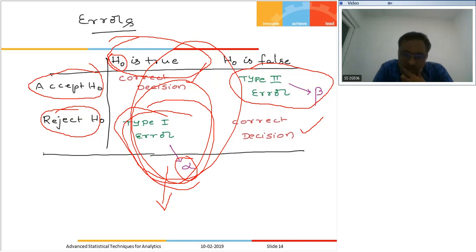Next follows errors, type 1 and type 2 errors. The probability of occurring type 1 error is our LOS, alpha, and the probability of type 2 error is beta. Mostly alpha is very important for testing of hypothesis, but beta is also important, and these two help us understand the power of the test.